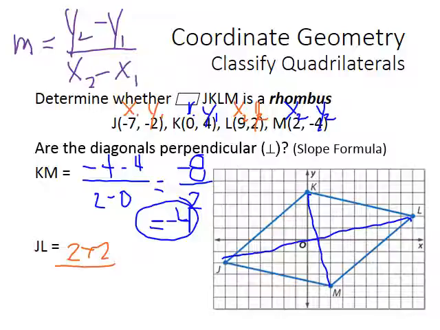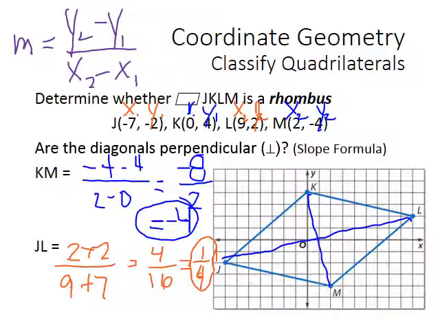And then on the bottom, we've got 9 minus a -7. So both of those we get to change to a plus. And we've got 2 plus 2, which is 4, over 9 plus 7, 16. That reduces to 1 over 4. Positive 1 over 4. And -4 is what we have.